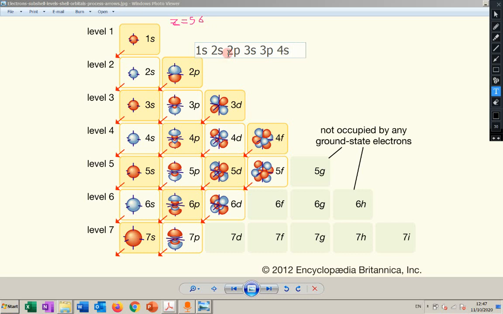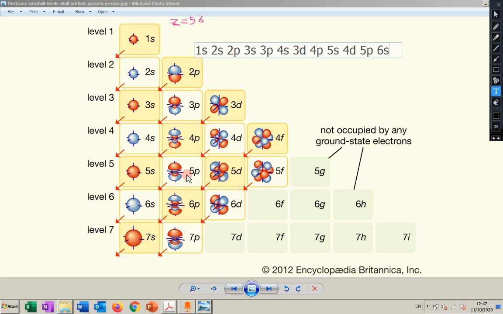Then 3d, 4p, 5s. Then we go for 4d, then 5p, then 6s.